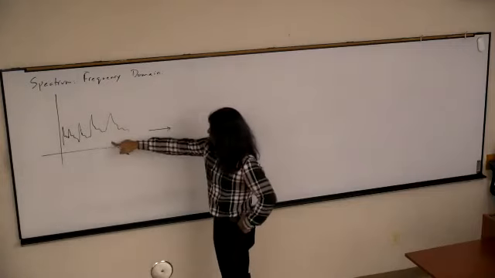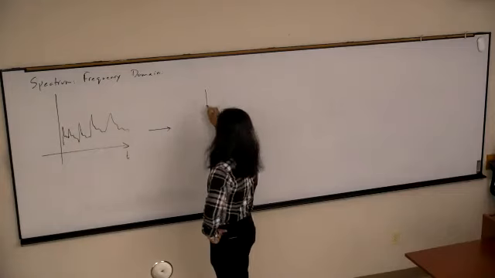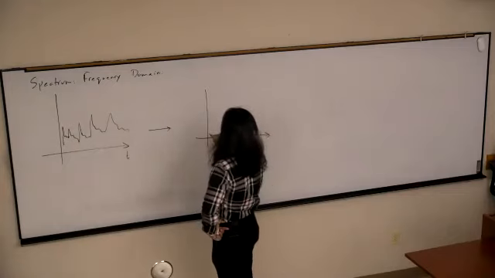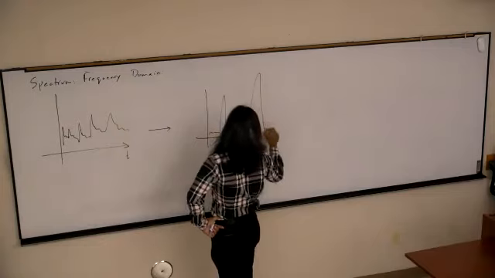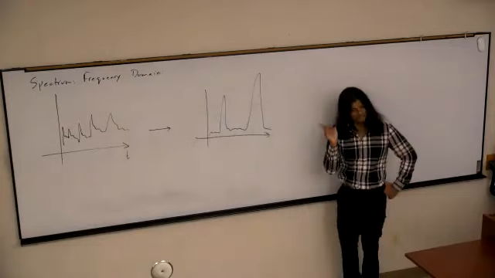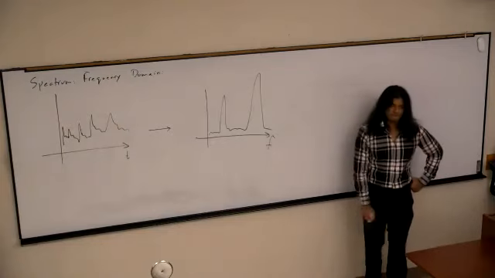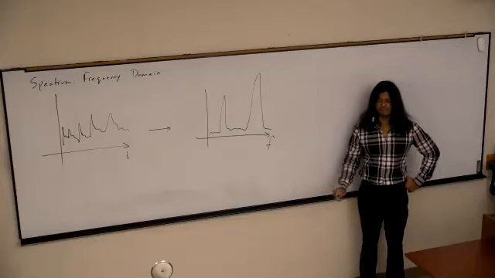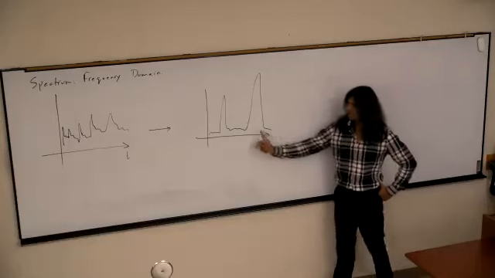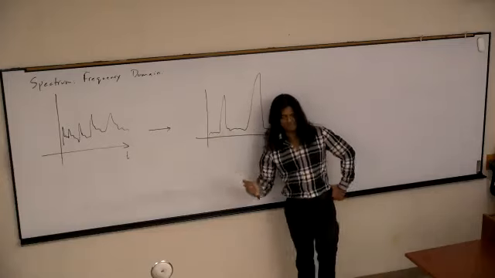So what is the signal that you have in the time domain? You can convert it to the frequency domain. So what are the peaks that I see in the frequency domain? Well, that is the dominant frequency, and that is the second frequency.